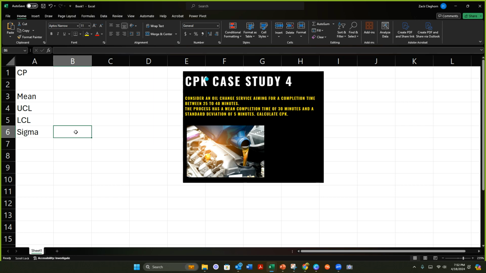Now, as we go into this, we say 5 minutes for sigma, right, our standard deviation. Our lower control limit is 25 minutes. Our UCL is going to be 40 minutes. And our mean time is going to be what? 30, right?